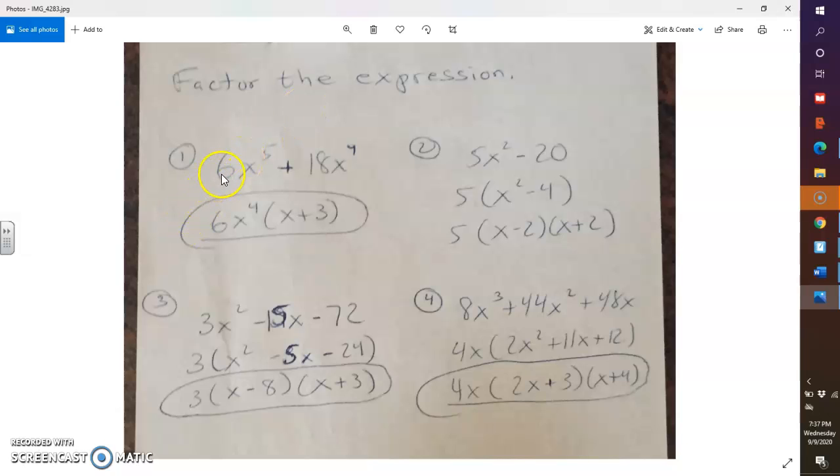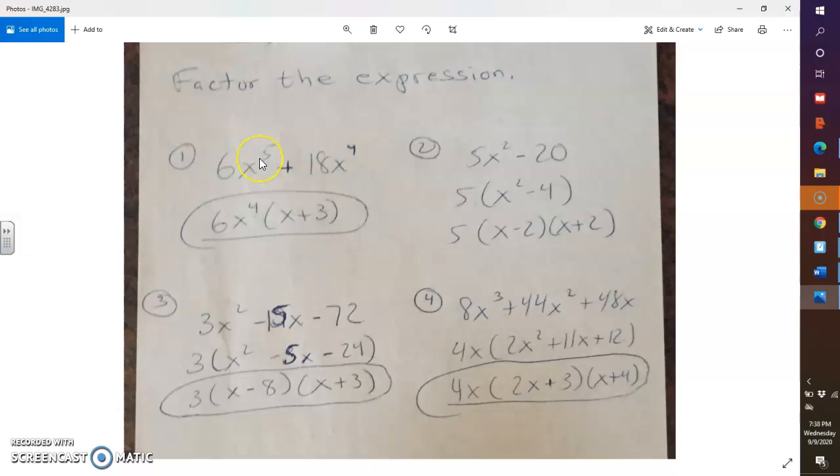So in this first problem, the biggest number that goes into 6 and 18 is 6. And if you have two of the same variable, what we do is we take out the lower exponent. So here we have x to the fifth, here we have x to the fourth. You can't take something out that you don't have in both terms. So you can't take an x to the fifth out of both terms because you don't have x to the fifth here.